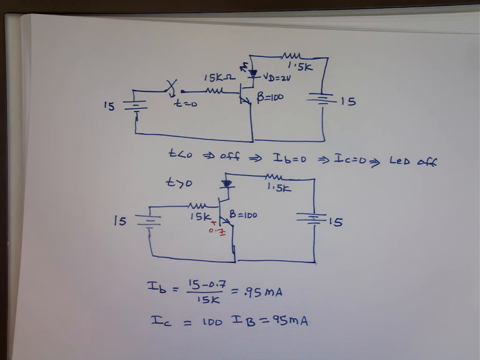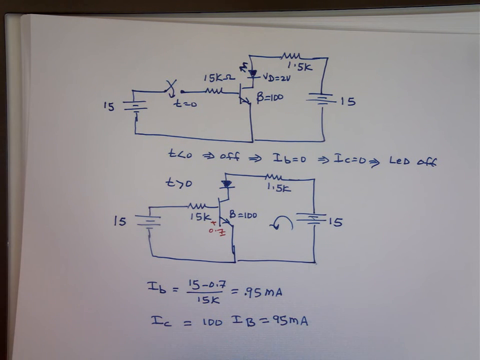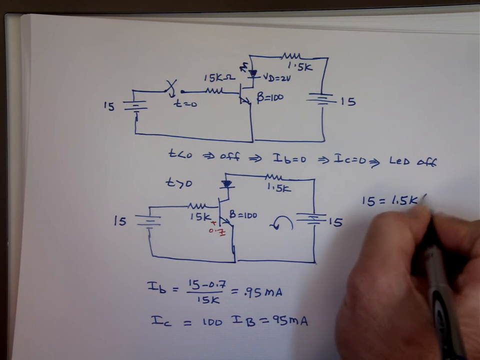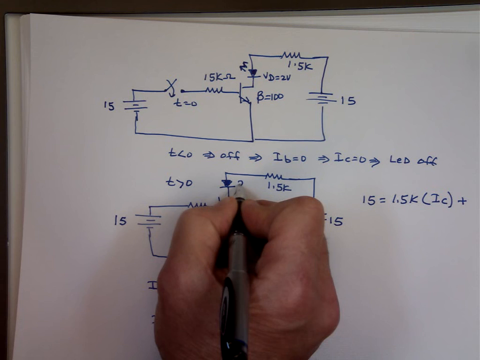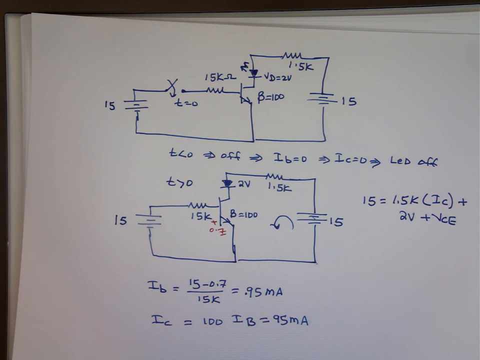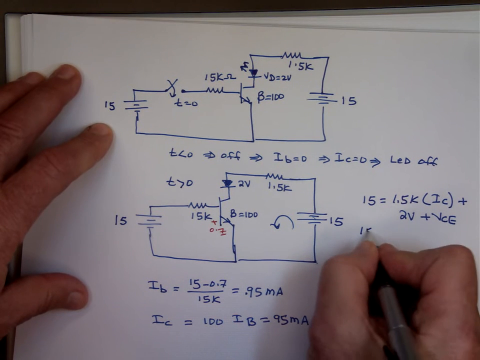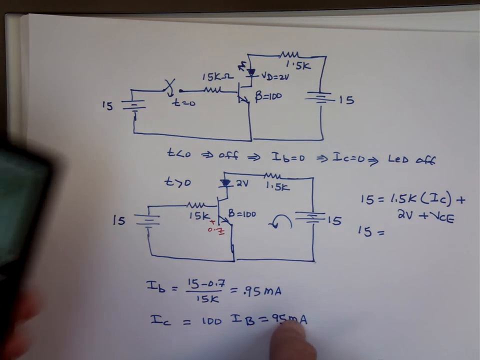So if we travel this way, 15 equals what? 1.5K times I sub C plus the voltage here, which is what? 2 volts plus VCE. 15 equals 1.5 times I sub C. What's I sub C? 95 milli. 1.5 times 95, is that milli or micro here?